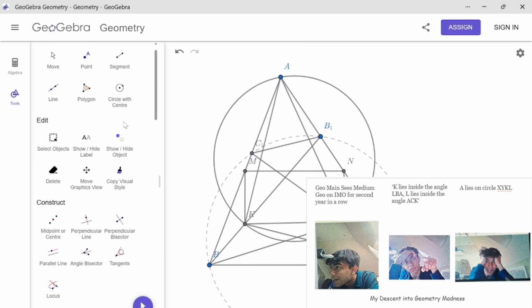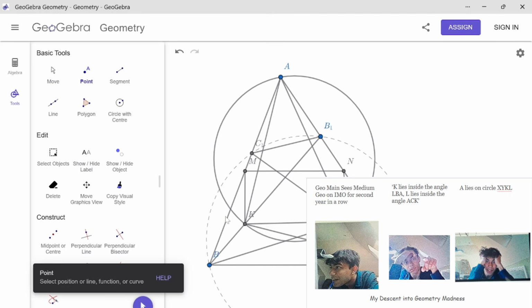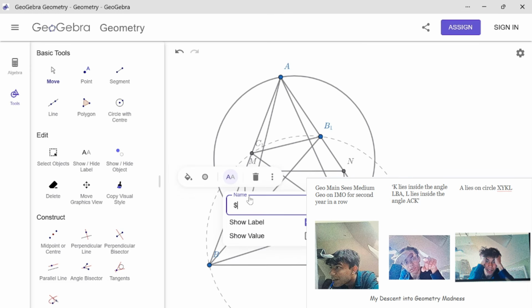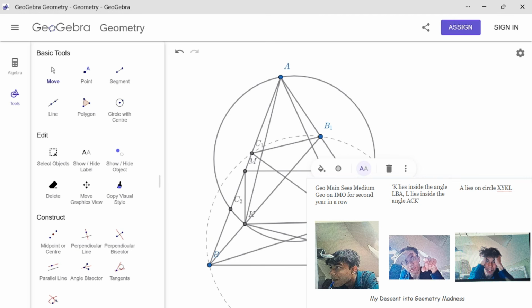The way we deal with circle AKL is by defining it as a completely different circle. We don't work with circle AKL. We work with circle AC2B2 and make sure K, L are on that. I don't know, that's crazy.